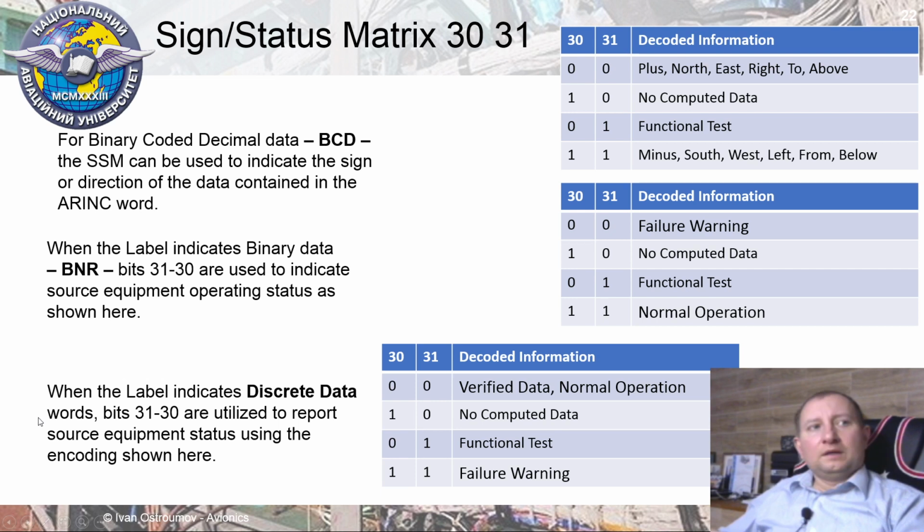In the case of discrete data transmission, we see that 0, 0 is verified data or normal operation, 1, 1 means failure warning. Also 1, 0 means no computed data, and 0, 1 functional test result.